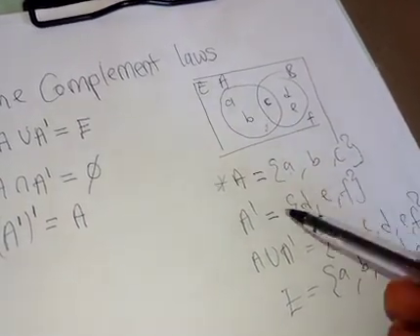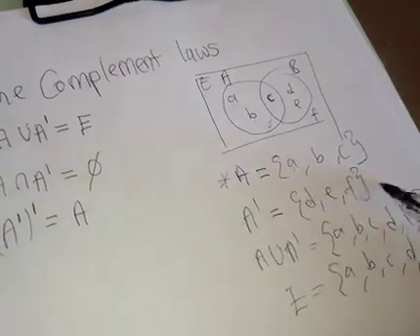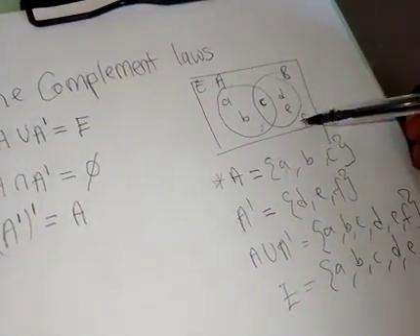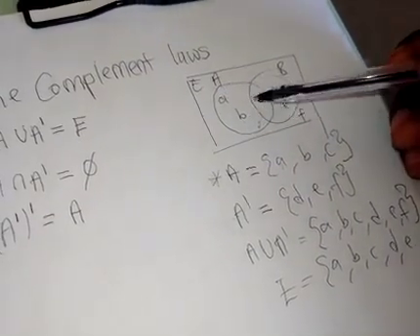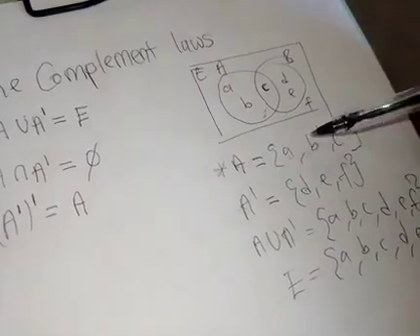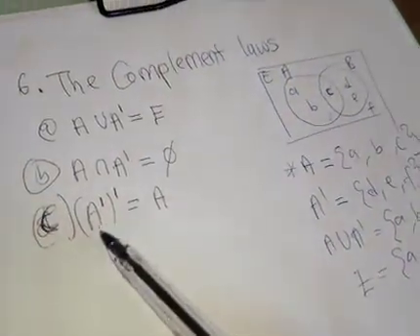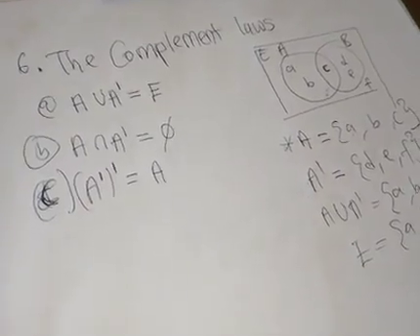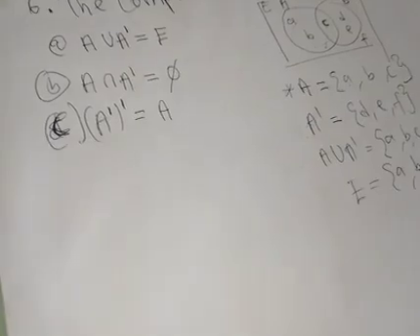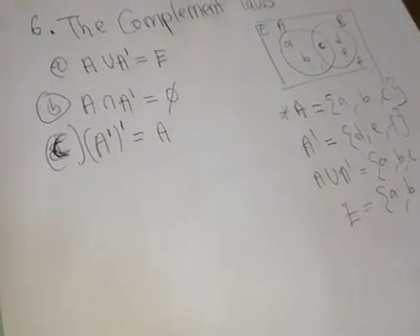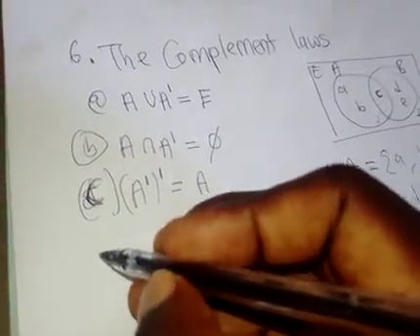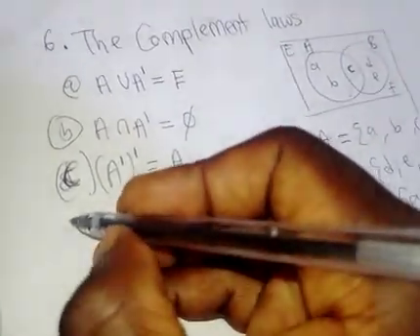We want the elements outside A complement. If we exclude D, E, F, what are we remaining with? A, B, C. As you can see, we are getting back to set A. So the complement of a complement gets back to the original set itself. We'll talk about proving this law.